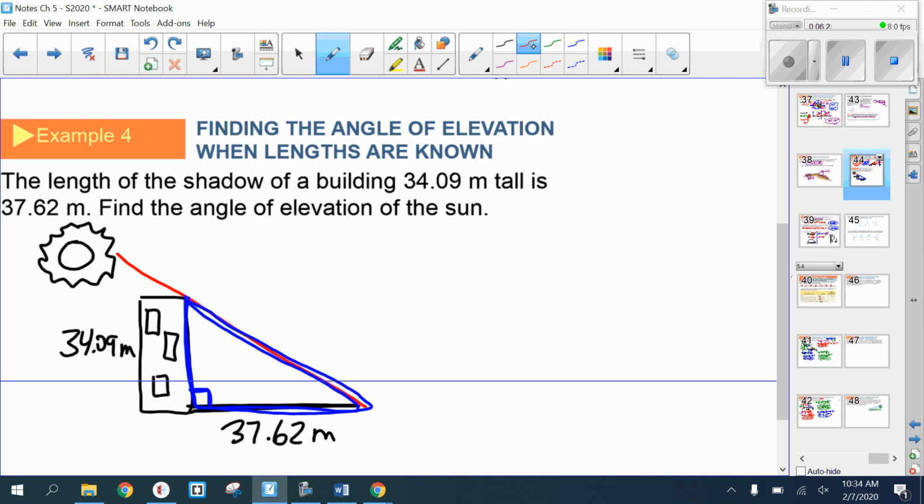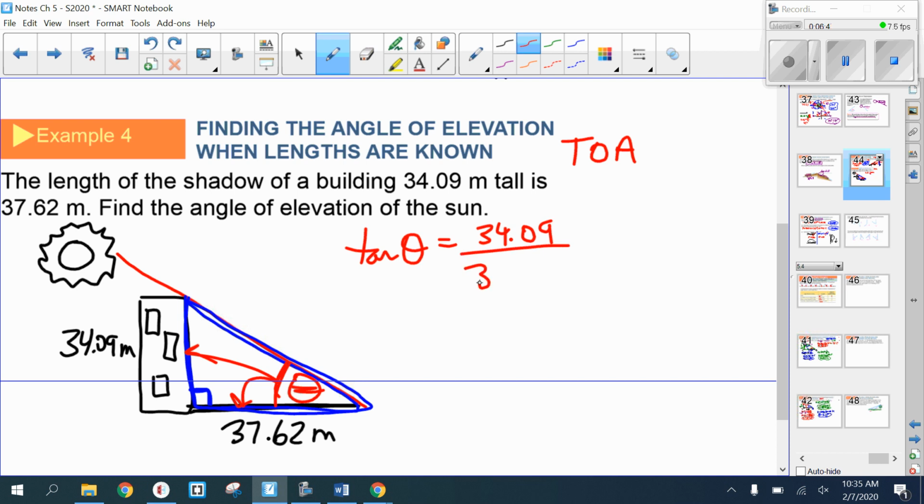So they're looking for this angle right here. Again, go back to SOHCAHTOA and look at what we have. We've got the opposite side and the adjacent side. So that's tangent. Tangent theta equals opposite over adjacent.